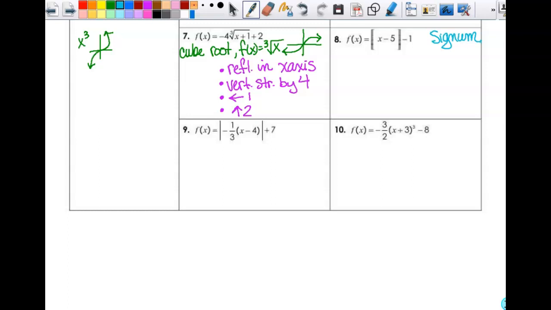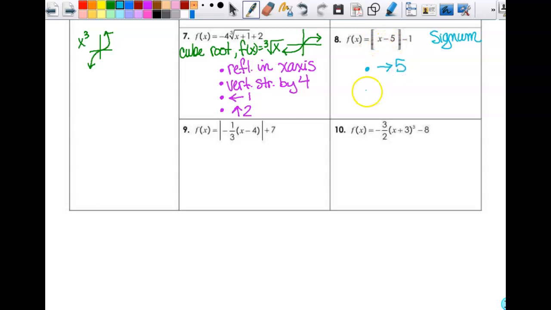All right, so you have no clue what this graph looks like, and that's okay. It could be a graph of a monkey for all you know. It doesn't really matter. But whether or not you know what the graph looks like, could you tell me what happens to it with these transformations? You got two transformations, right? What does the 5 mean I do? Because this is inside whatever the signum does. So it affects x. That means I go to the right 5.